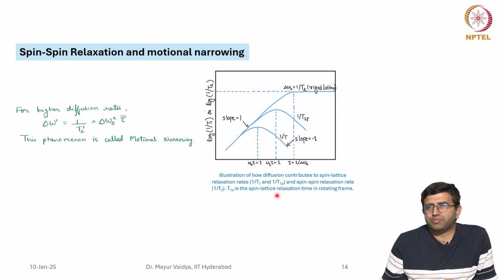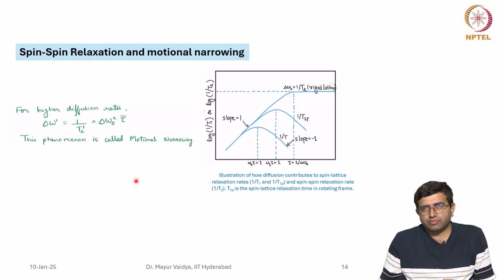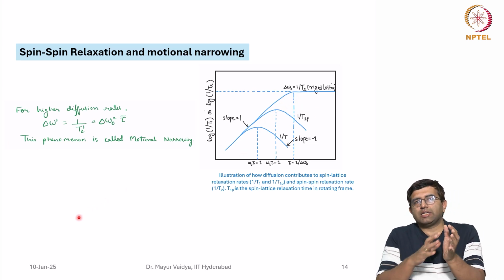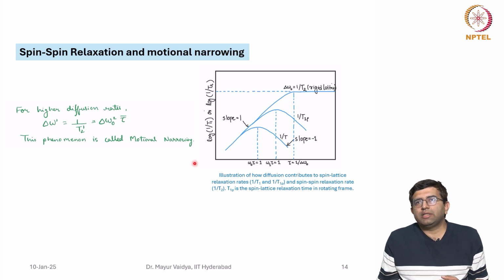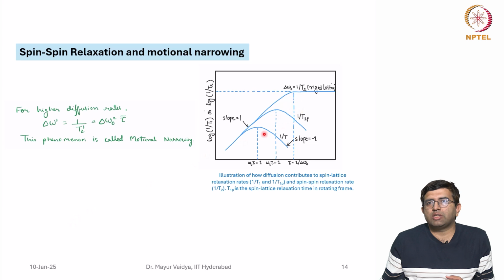Here, delta omega equal to 1 by T2 is for the rigid lattice, and as diffusion happens, this time is reduced. So, your width starts coming down. You can have either 1 by T1 or 1 by T2, and due to the diffusion you will see that this becomes more and more narrow.